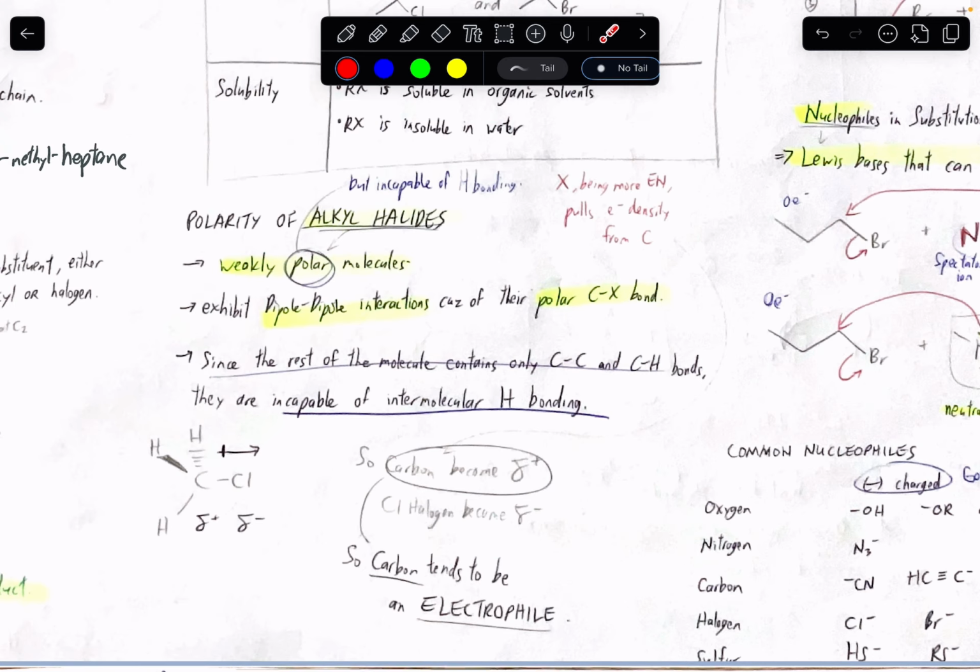So what does it mean to be an electrophile? You're attracted to electrons. Okay.